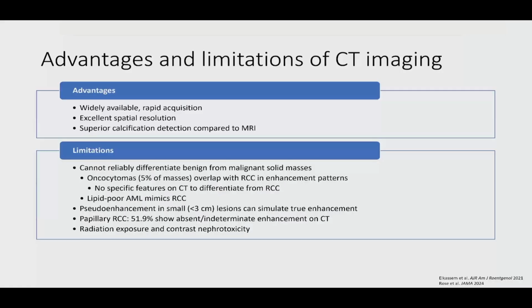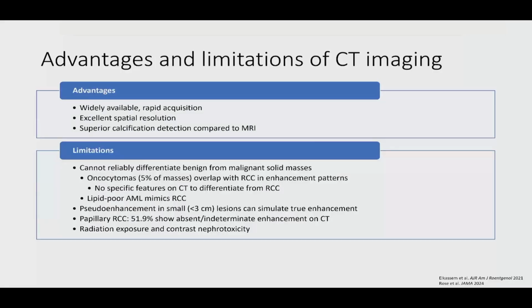And then for the limitations, it can't really reliably distinguish benign solid masses from malignant ones. For example, oncocytomas can enhance very similarly to RCCs, as we saw on that graph previously. It can also be hard to reliably identify lipid-poor AMLs.